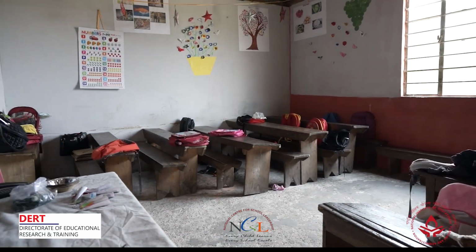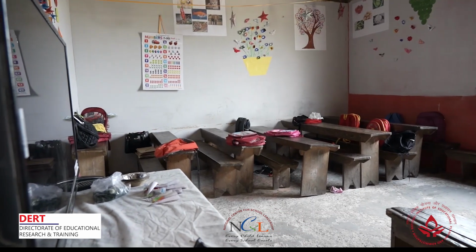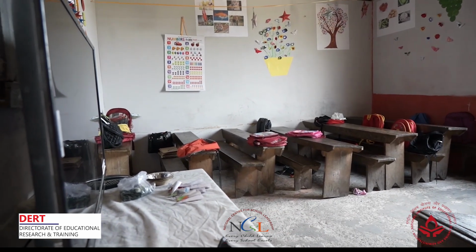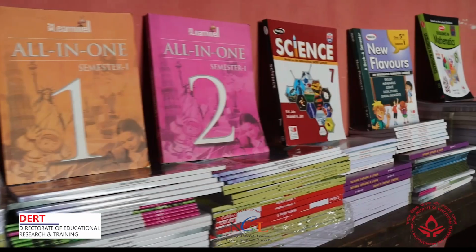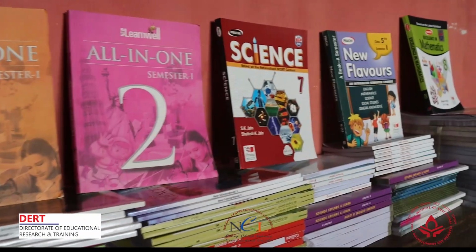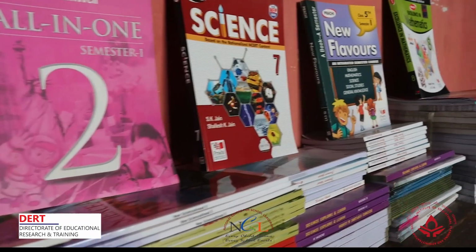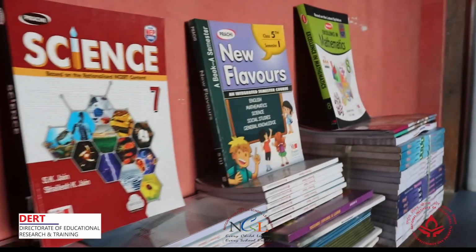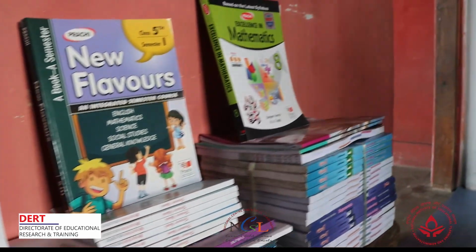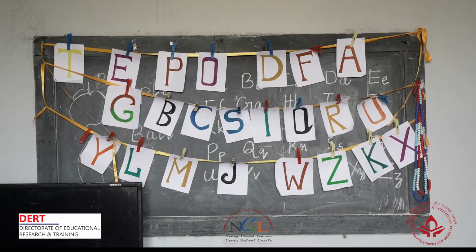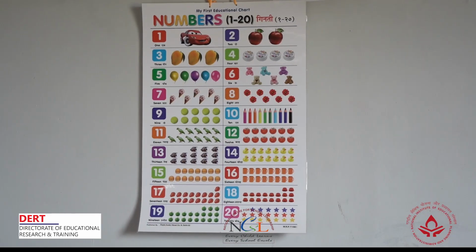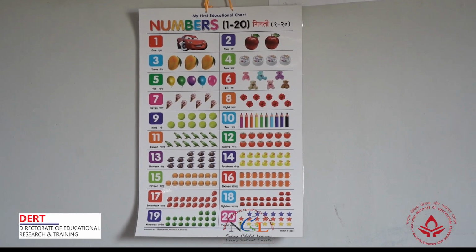First of all, the textbook mapping was done, wherein we map all the LOs to the chapters or topics in the textbook, and then subsequently the annual plan and the unit plans were made.